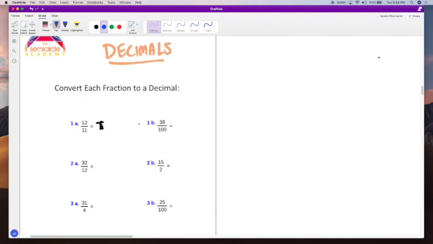And when we do the long division for it, so let's do 2a, 32 being divided by 12. Well, 12 into 32 is 2. 12 twos are 24.